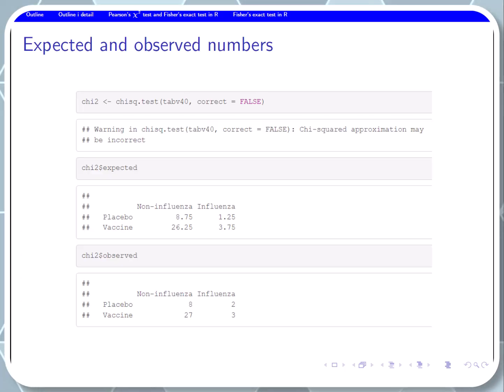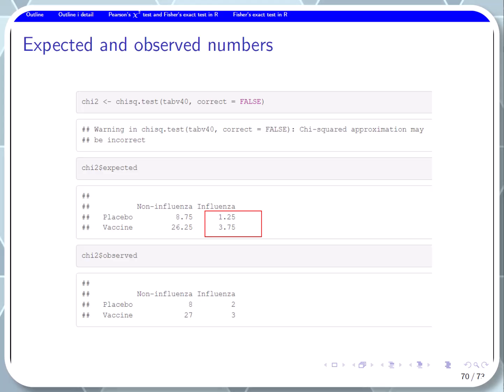The same warning message appears in the second box. CHI2 $ expected tracks the expected numbers from the output. As you can see, two expected numbers are below 5.